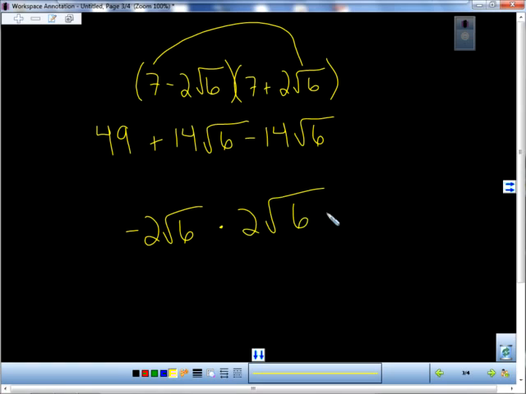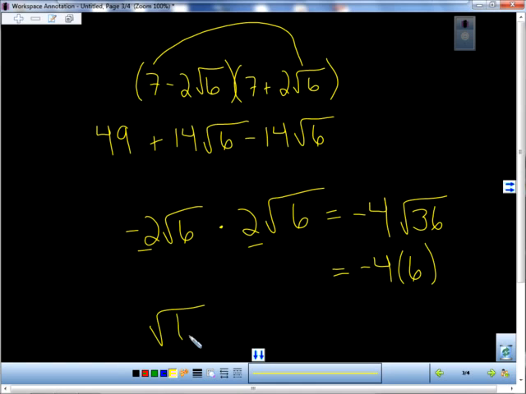So if we multiply the coefficients together, negative 2 times 2 is negative 4. What's root 6 times root 6? Root 36. Okay, so root 36, which is what? Which is just 6. Root 6 times root 6 is the same thing as root 6 squared.